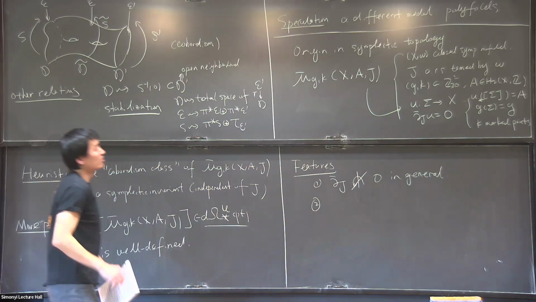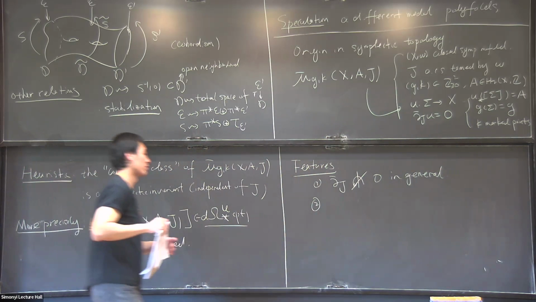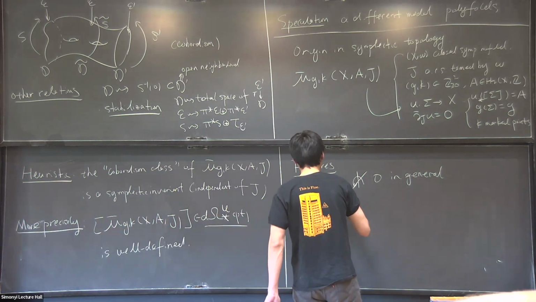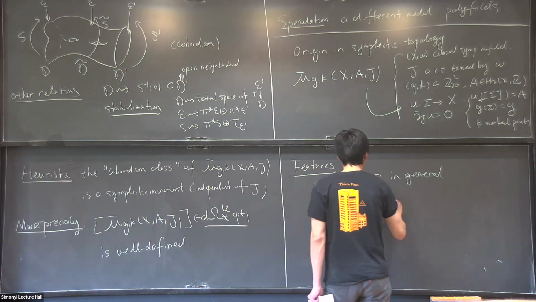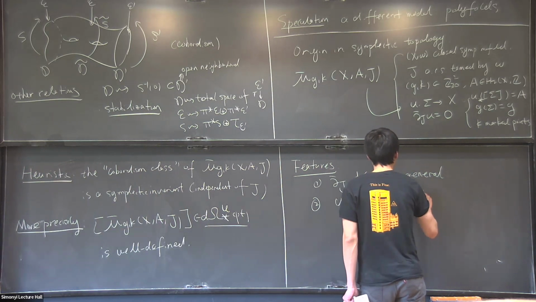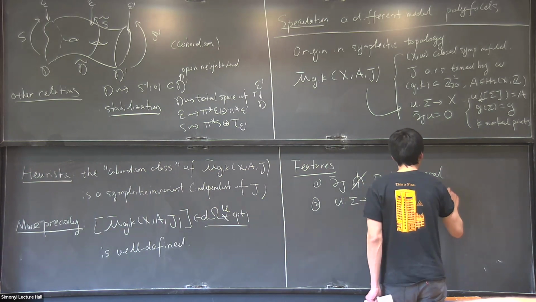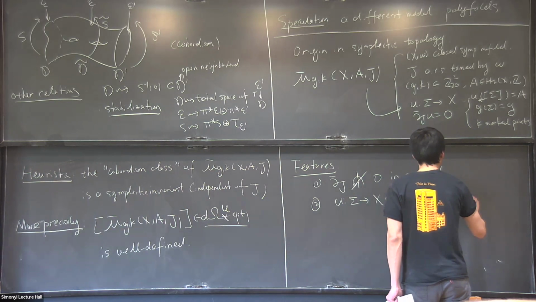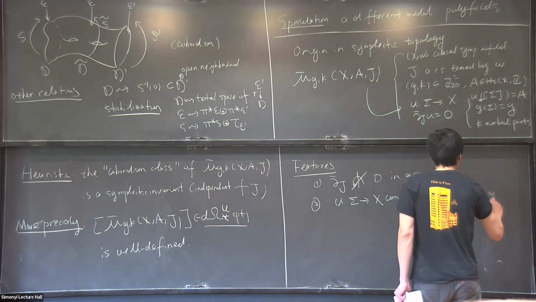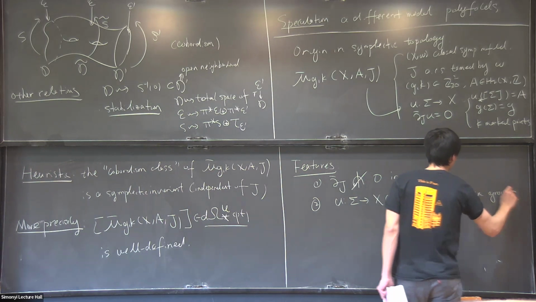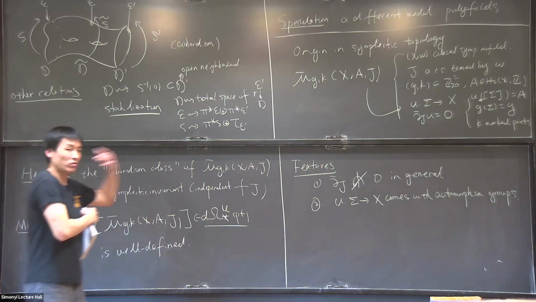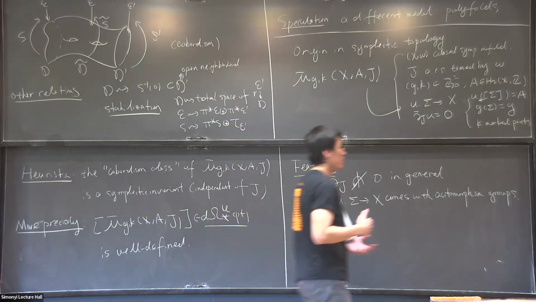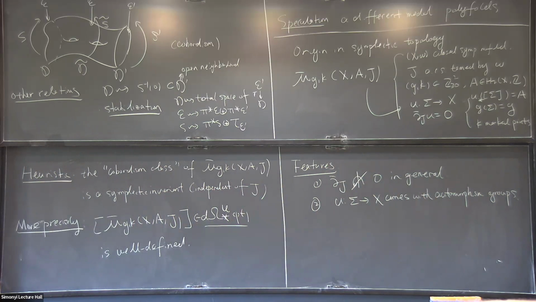That's because the elements in this moduli space come with automorphism groups. So you have non-trivial automorphisms, and it's like the analog of this five-dimensional picture.